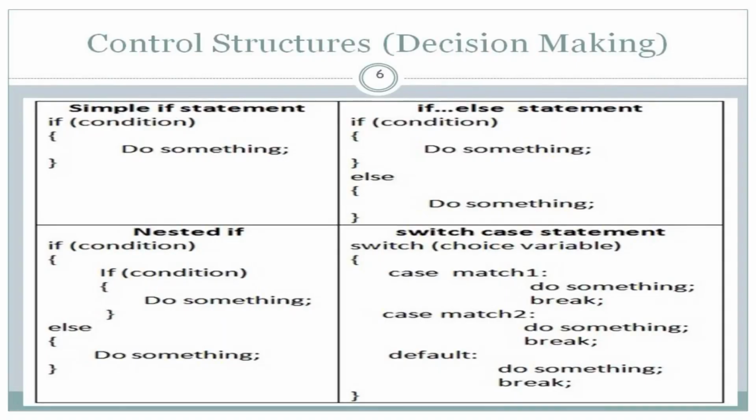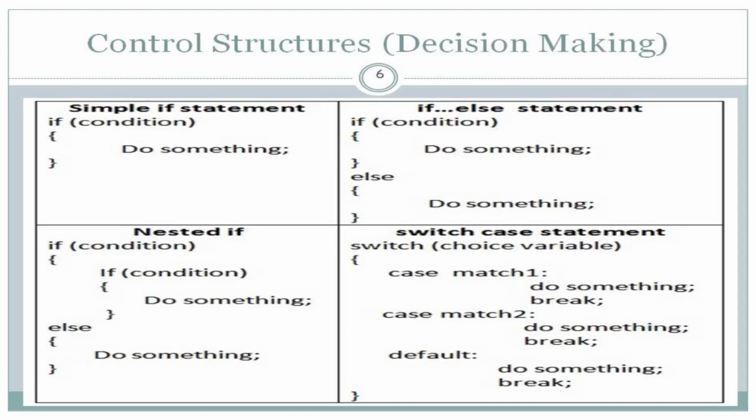The second variation is the if else statement, where first the condition is checked. If that condition is true, then the next statement is executed. Otherwise, the else part is executed. The if can be combined to construct a nested if, in which more than one if condition can be present in an if condition. The last control in the decision making structure is the switch statement.